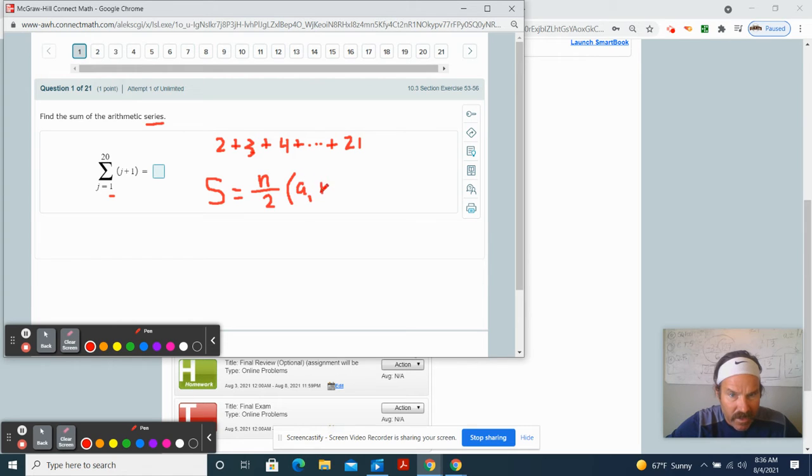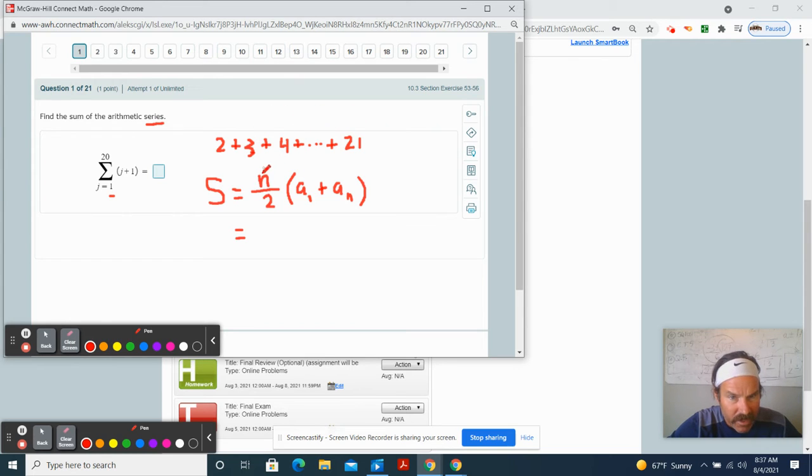I'll write it down and then I'll talk about it. There it is. So when we're adding up a bunch of numbers that are arithmetic, remember arithmetic is they go up by the same amount or they go down by the same amount.